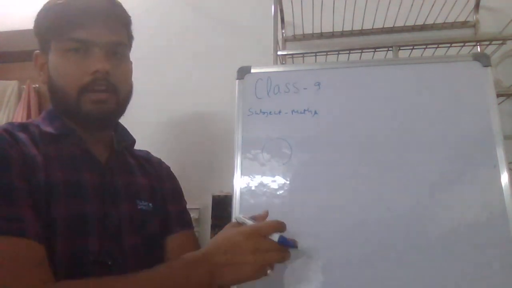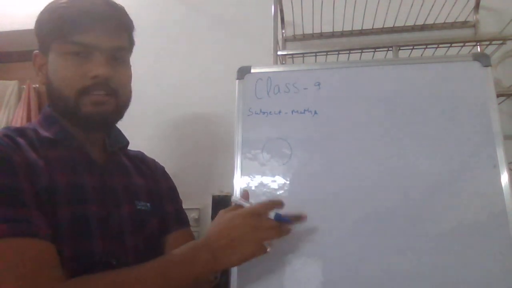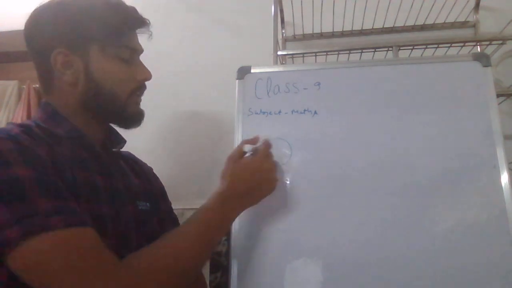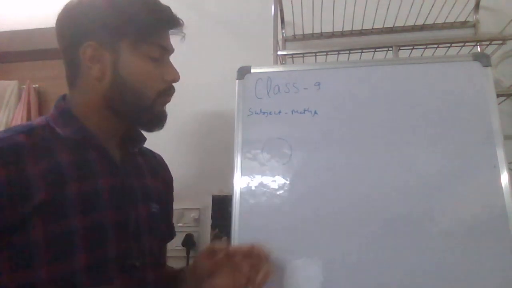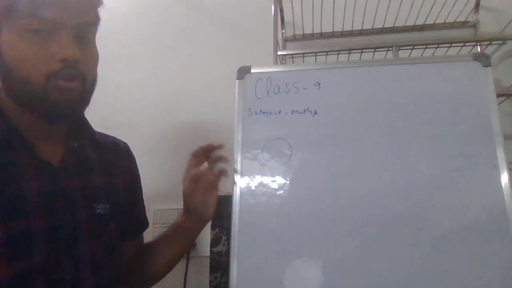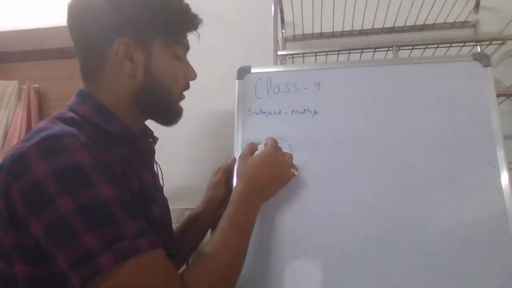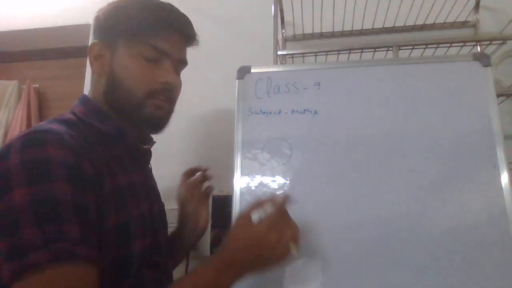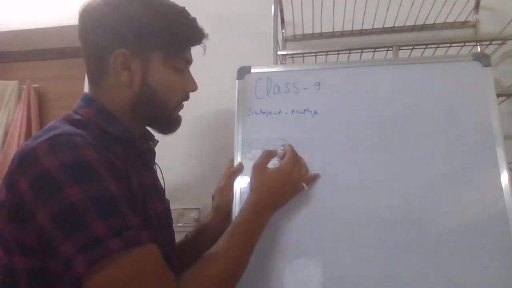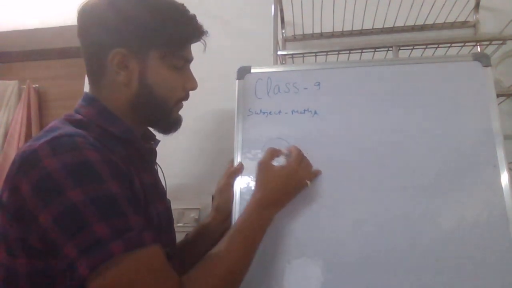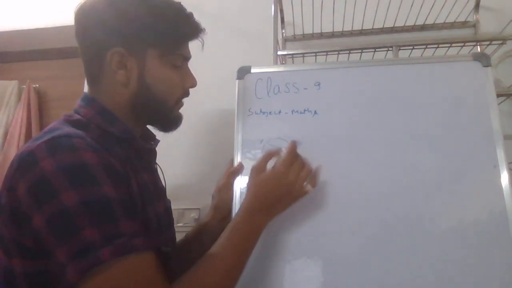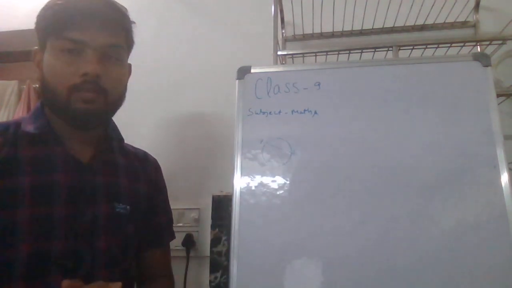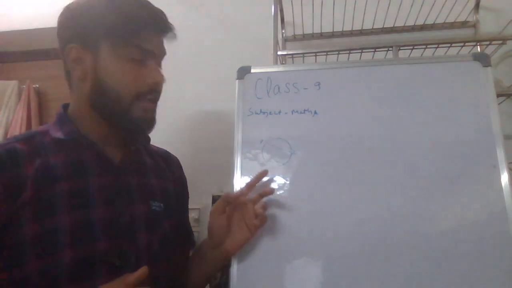What if these two chords are equal in length? If I ask you what will happen, I have to make a chord first. So here I am drawing chords P and Q. Now you have to tell me what if these two chords are equal in length.